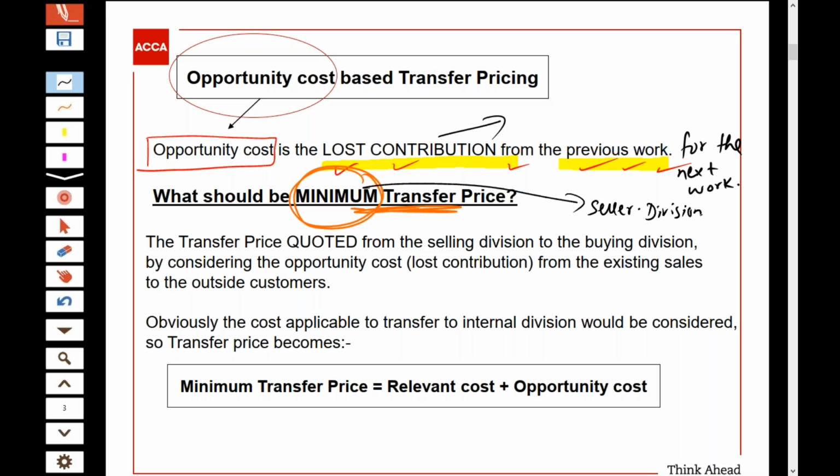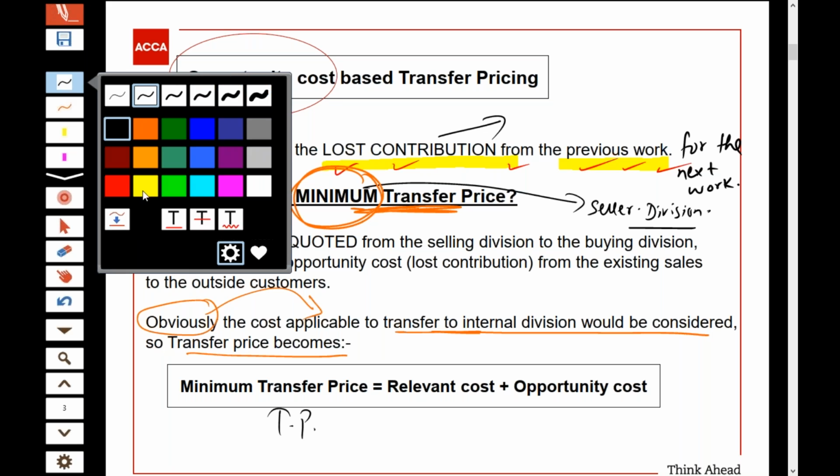It is the transfer price quoted from the selling division to the buying division by considering the opportunity cost, the lost contribution from the existing sales to the outside customers. Obviously, the cost applicable to transfer to the internal division would be considered. So how will you calculate it? The minimum TP is relevant cost.